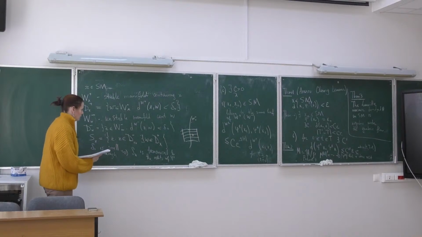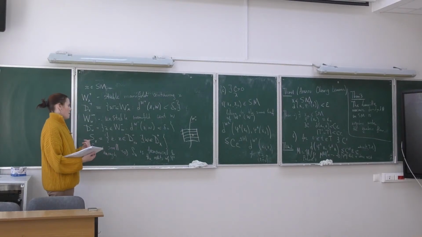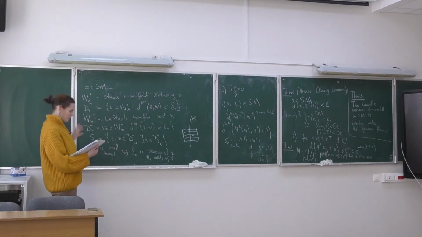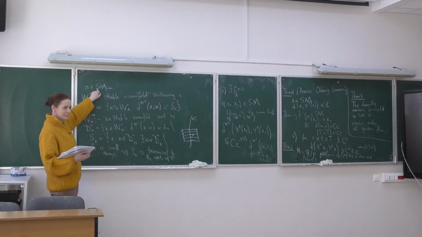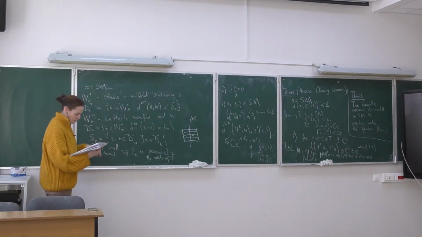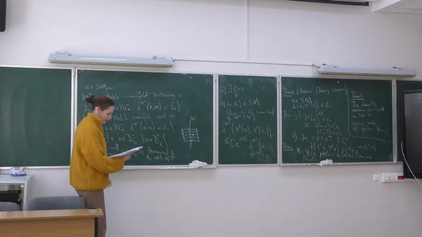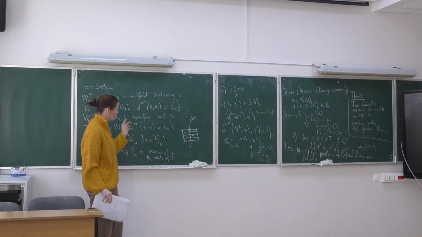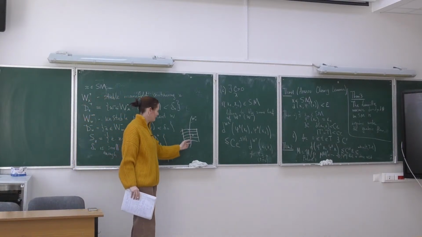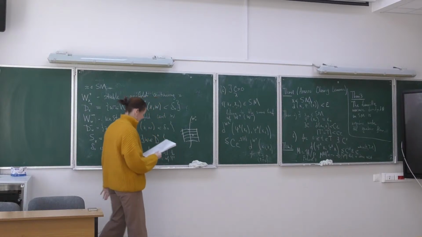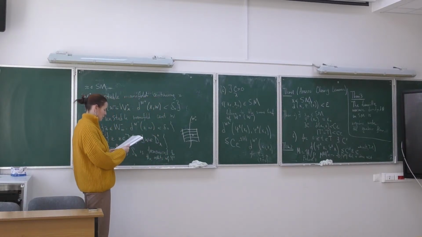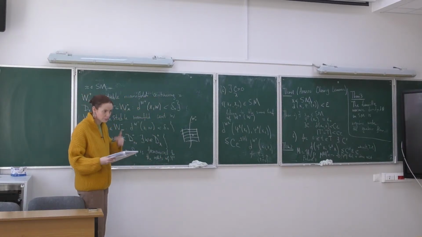Using this local picture, we can give a local parameterization of the whole space Sm, because it's enough to fix the coordinates on the stable and unstable parts. And then we also need to know the distance on the orbit of the flow that goes through x.